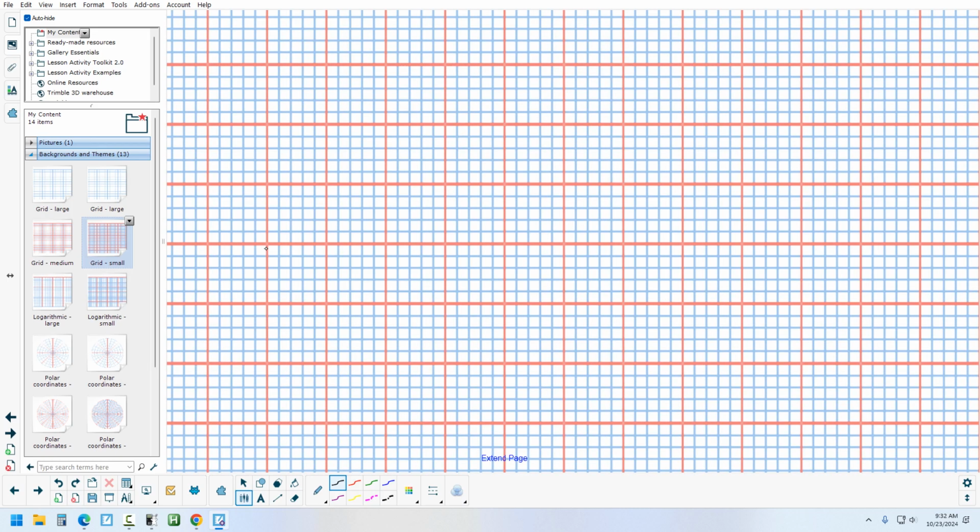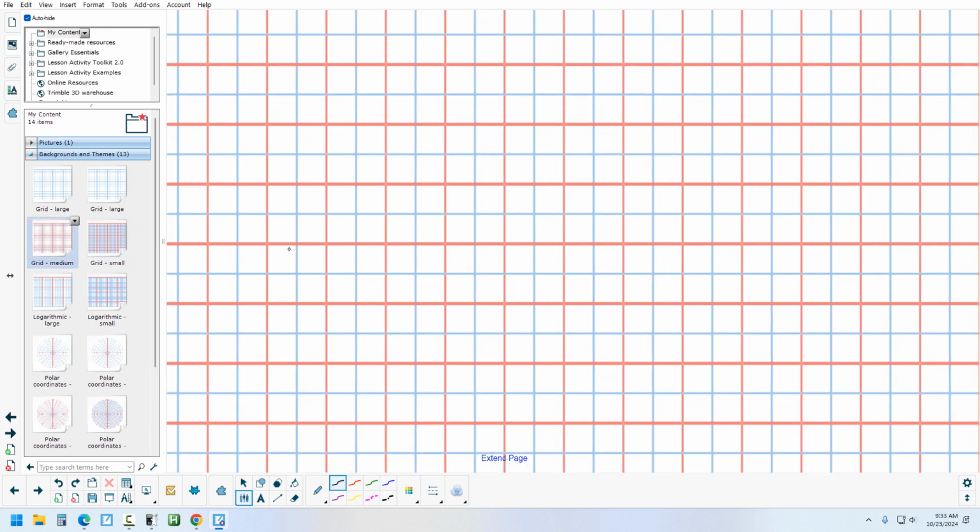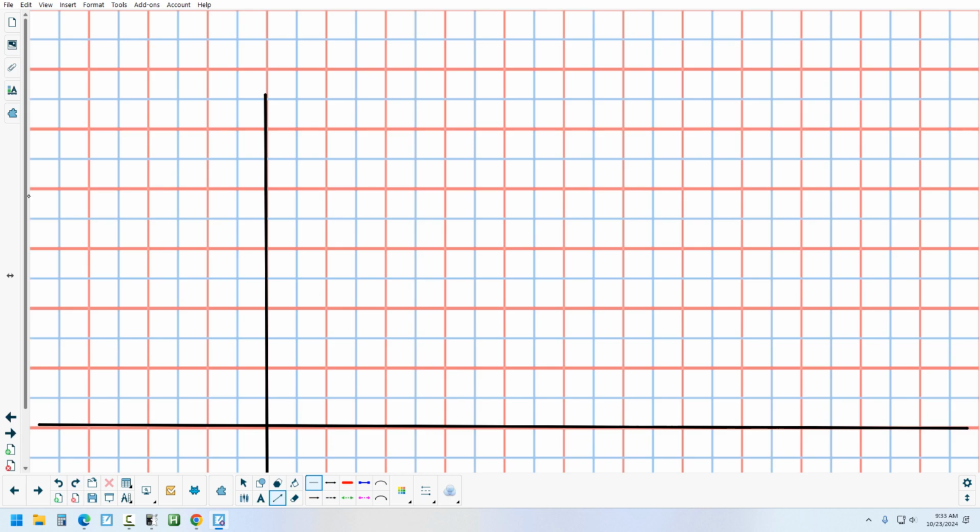Small, I think, is too small. Yeah, we could use that one. I'm going to make my own x and y axis. Does that give me more room above? That gives me 1, 2, 3, 4, 5, 6, 7, 8, 9, 10, 11. Yeah, it gives me some more room.